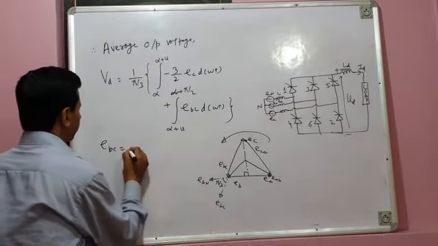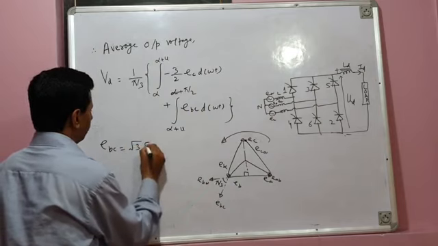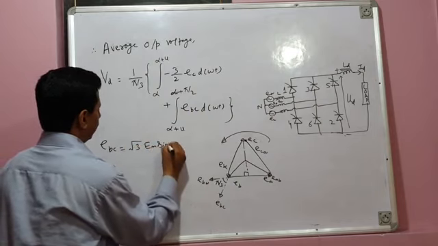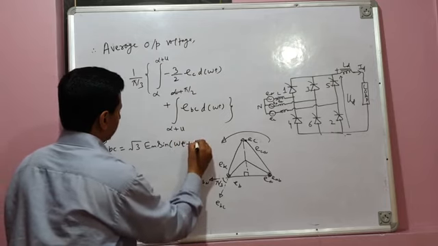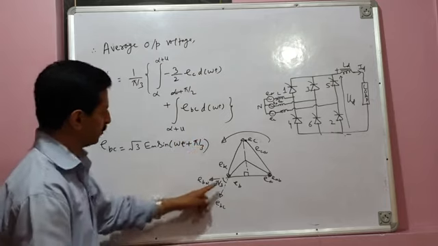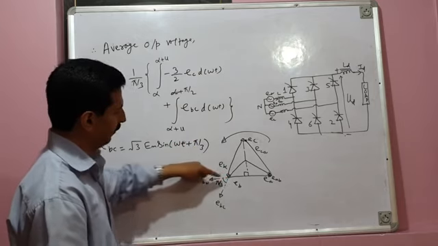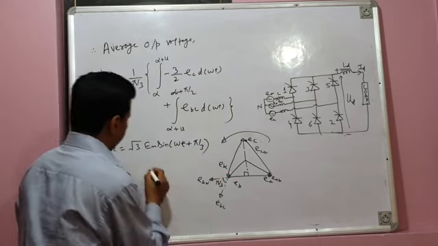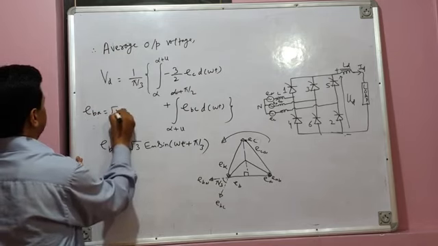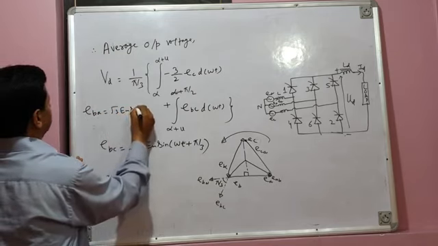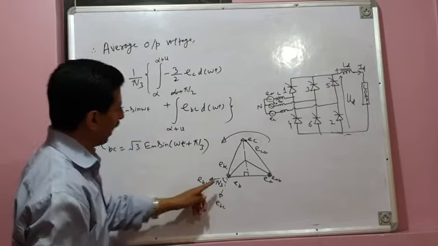So it is root 3 Em sin of omega t plus pi by 3. Because this phasor EBA is the reference phasor, and it is root 3 Em sin omega t. It's the reference phasor. And this is my EBC.